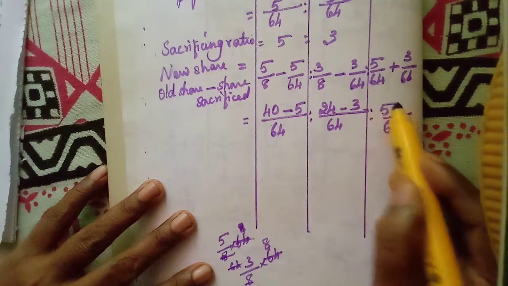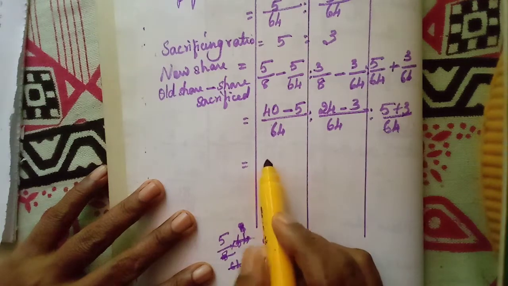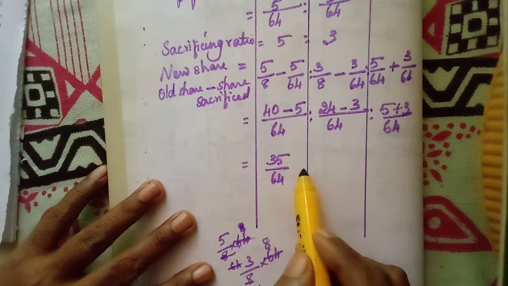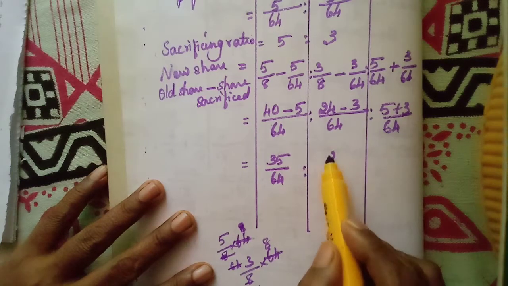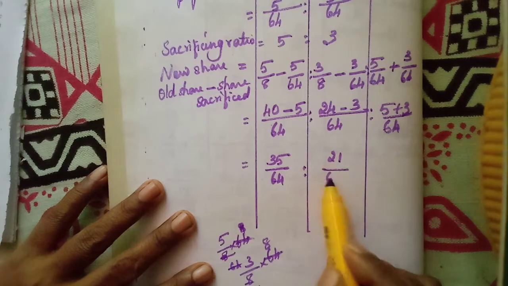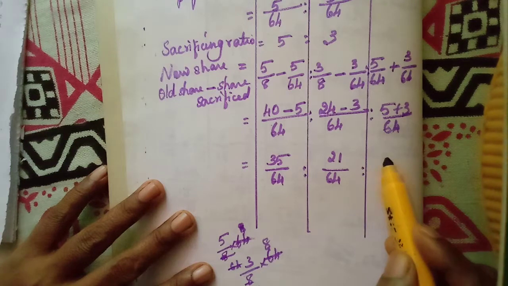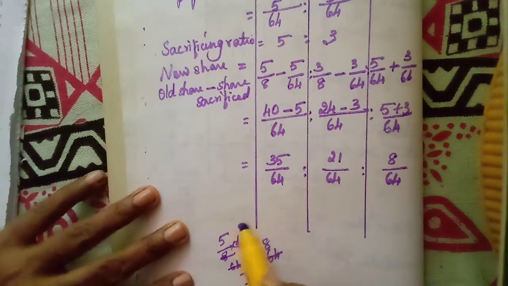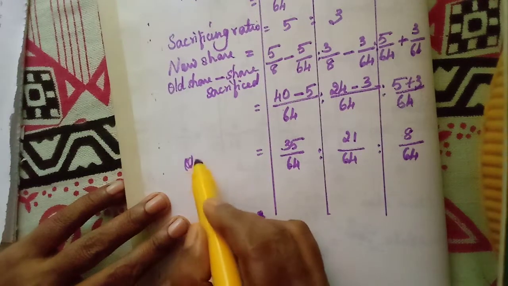Here 5 plus 3. 40 minus 5 is equal to 35 by 64 is 2. 24 minus 3, 21 by 64 is 2. 8 divided by 64. So now we will calculate the here new share.